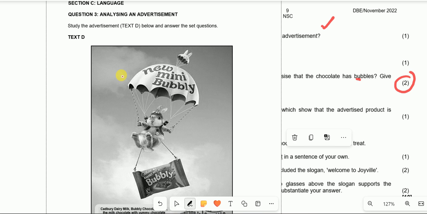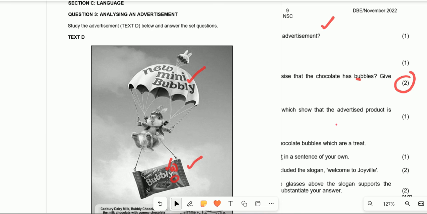The first headline is set. You can say in the parachute, the word bubbly is written here, bolded. That is the first fact. The second fact, the chocolate wrapper, it's also written bubbly, and then there are also bubbles around or in the chocolate wrapper. So that's how you get your two facts here.